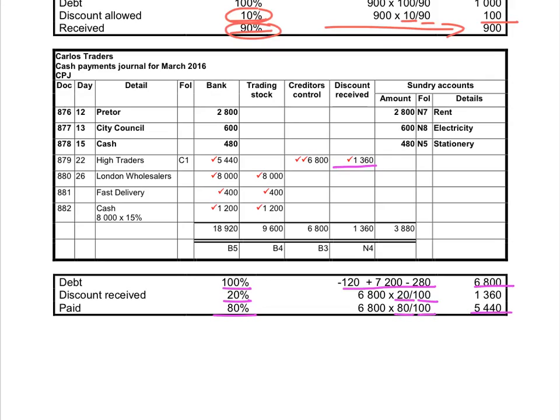So the check will be issued for 5440. We will receive discount of 1360. And that means that the total amount with which we will reduce the creditor will be his debt of 6,800.